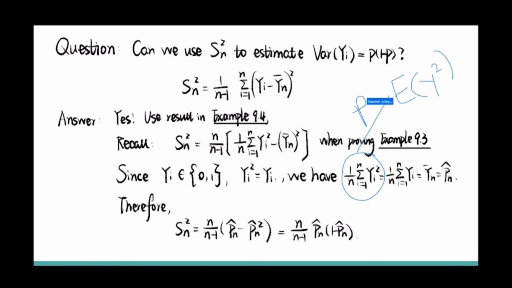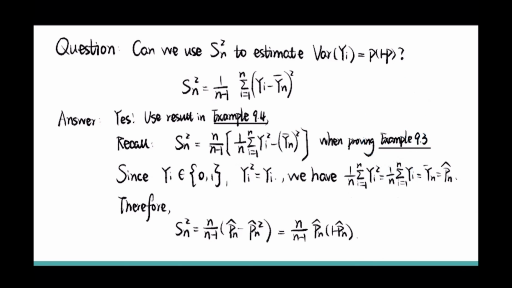And the sample mean is going to converge to the expected value of y in probability. I showed you that the other time. The takeaway now: if y squared equals y because of the state space of y, then y bar equals all of that, equals p cap.